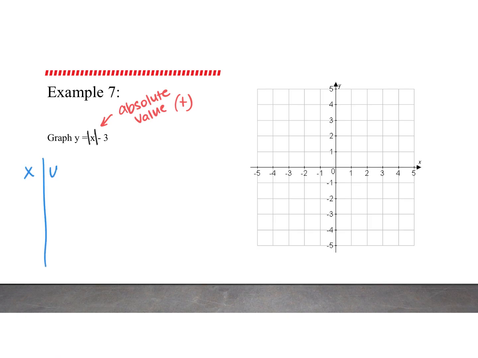So let's make a t-chart. I'm going to go with 0, 1, and 2. The absolute value of 0 from 0 is 0. So when we plug in 0, we get a -3.